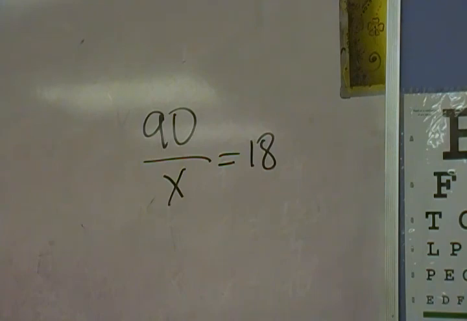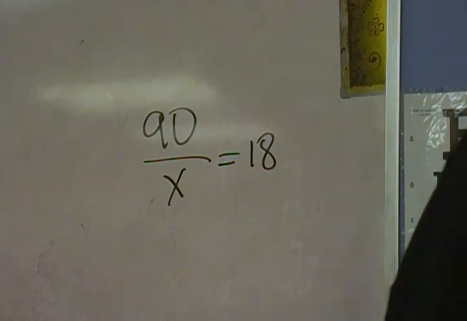Said 90 over x equals 18, so you're going to divide 90 by 18. No. I'll tell you what the answer is, but I don't know how to get there. I know we need to use the x.